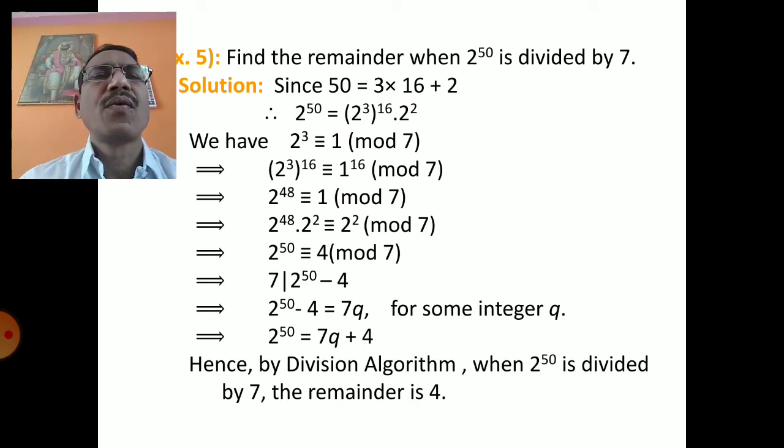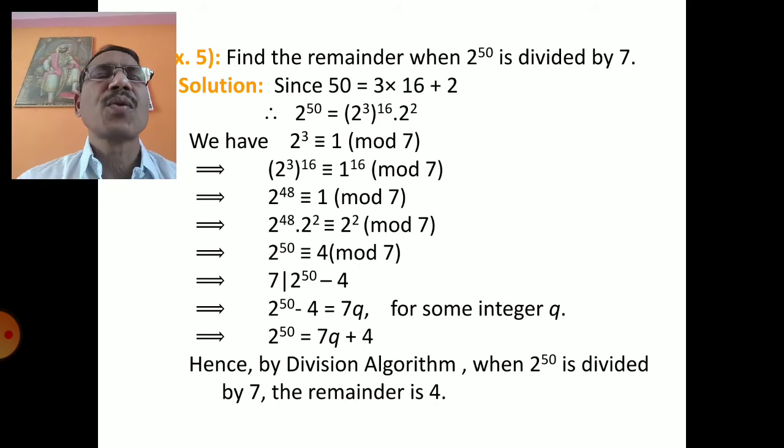Keep this value as it is: 2 raised to 50 is equal to 2 cube raised to 16 into 2 square. But 2 cube is congruent to 1 mod 7, because 2 cube is 8, and 8 minus 1 is 7. We know that 7 divides 7. Hence we have the congruence 2 cube is congruent to 1 mod 7.